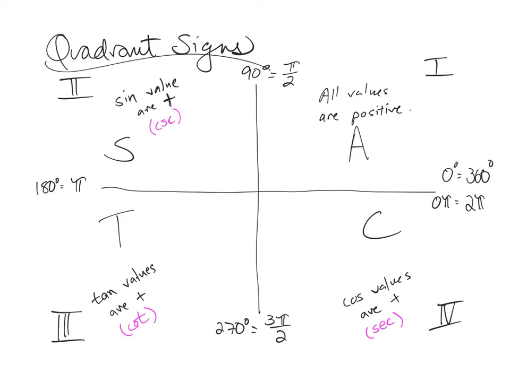So what does that mean for the rest of them? You see here in quadrant 2, sine and cosecant are positive. Well, that means every other trig function will take on a negative value in this quadrant.